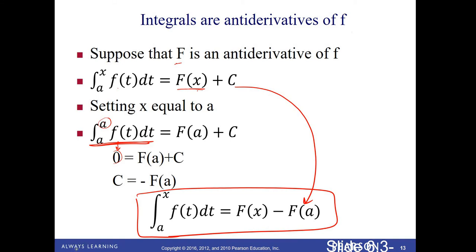So let's look at that and see what we can do with it. So we're going to do the integral from 0 to pi, and we are looking to use the model we had a minute ago, the integral from a to x of f of t dt equals the antiderivative of x minus the antiderivative of a. So in this case, we're going to find our antiderivative. The antiderivative of sine x is negative cos x, and I've got to plug in my x, sorry.